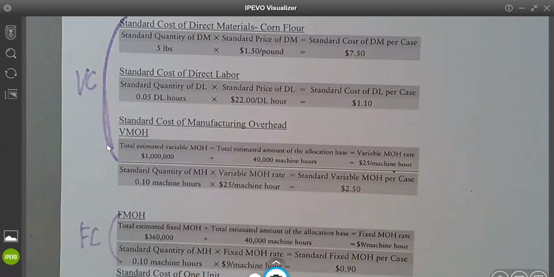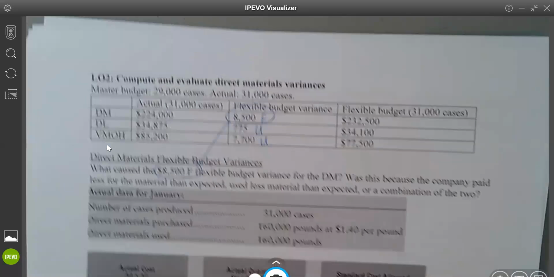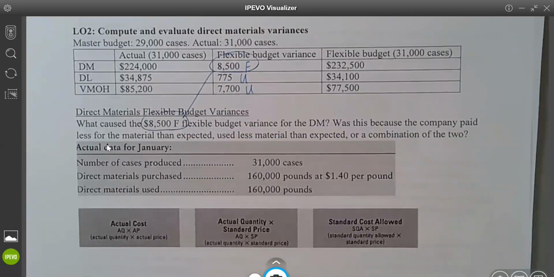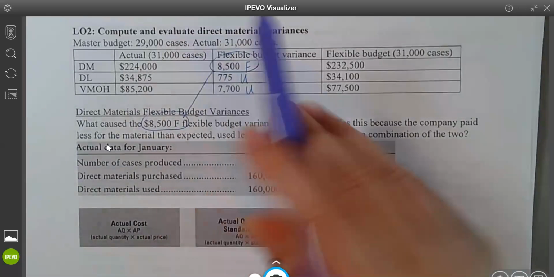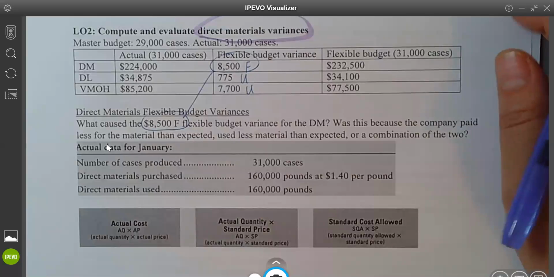Does this make sense? Does this sound scary? Don't worry, your professor is here with you. Don't worry too much. We talk about this concept first, and then we do some practice. You will feel much better. Learning objective 2: compute and evaluate direct material variance. So we talk about the first variable cost, the direct material.